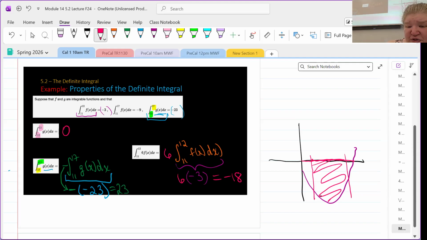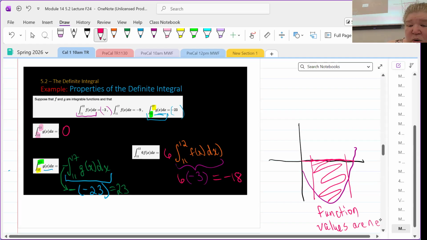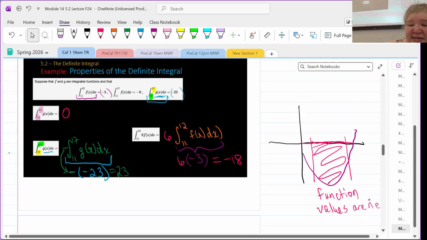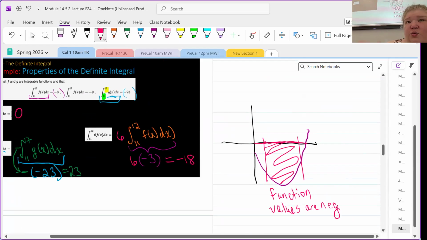So all of my function values here are negative. And remember, when we did the Riemann sum, the function values were the heights of the rectangle. So if those function values are negative, then the heights of the rectangle are negative. And when we do a negative number times the positive width, it's still negative. So all getting a negative area result means is that the function is beneath the x-axis.